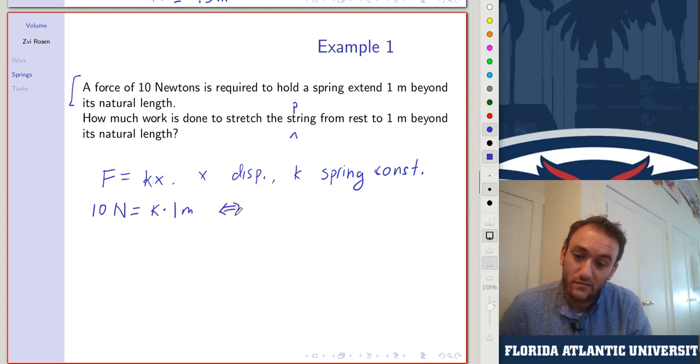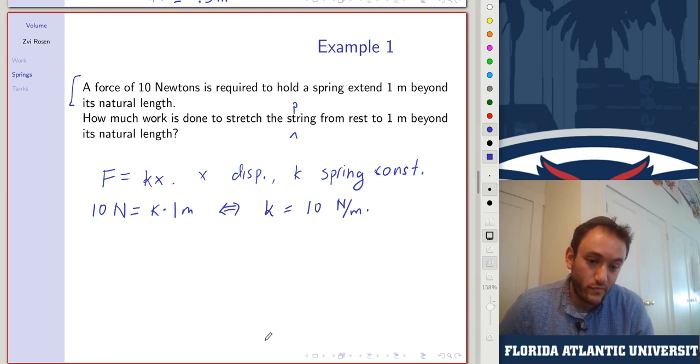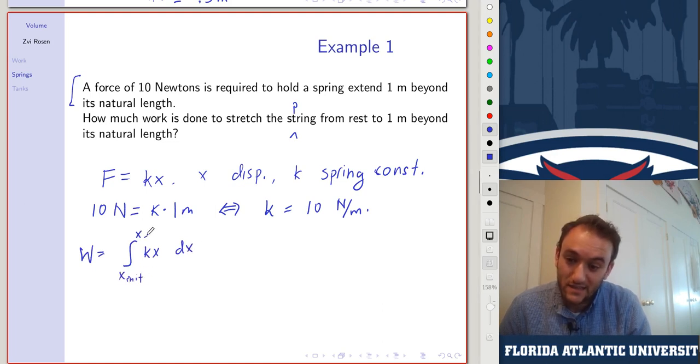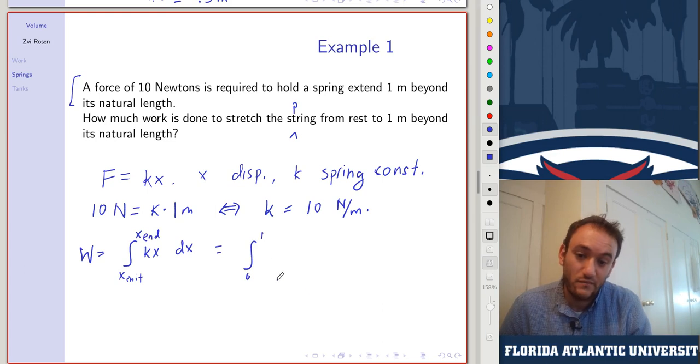Rearranging, we find that k, our spring constant, is equal to 10 newtons per meter. Now we can use that to compute the work. So we know that the work is equal to the integral of kx dx from x initial to x end. In our case, this is from 0 meters to 1 meter.